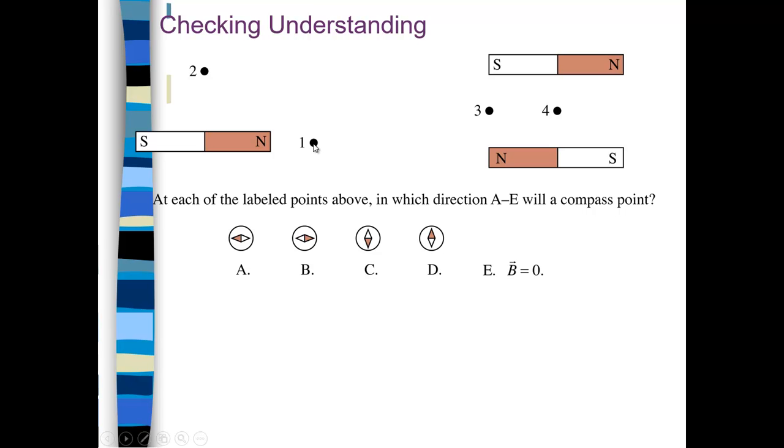And number 1, you would have the North Pole facing away from the North Pole of the magnet, and the South Pole facing towards. And then C, where you would have pointing up north and then pointing down south.